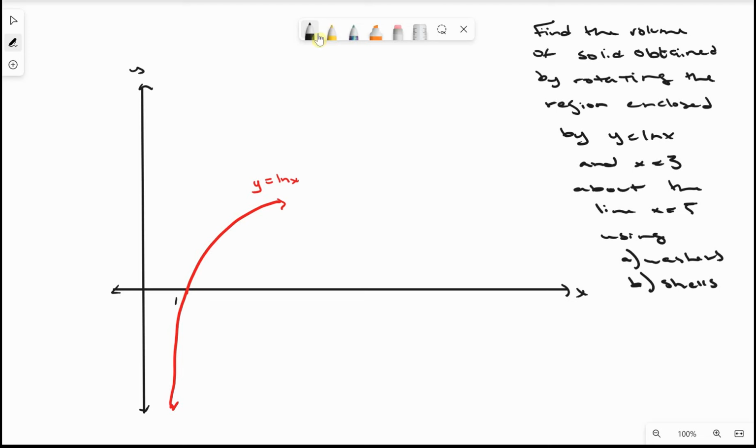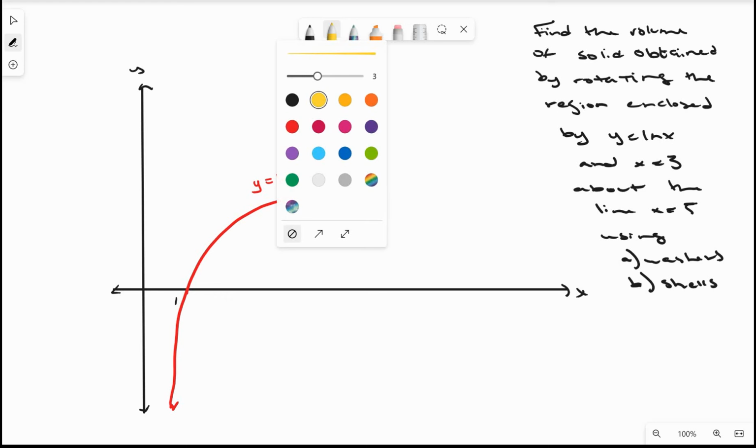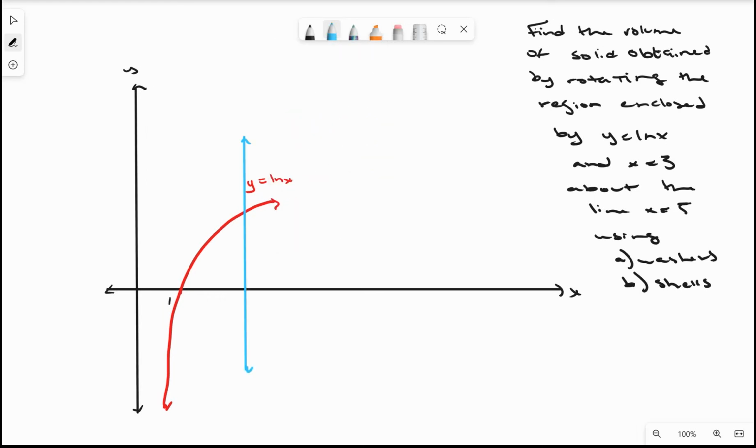So let's use a different color, blue. That's our line x equals 3. And we see that we have this region enclosed here, and we're going to rotate that about the line x equals 5.